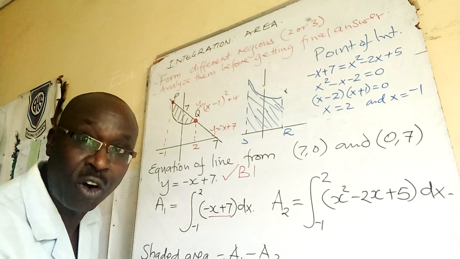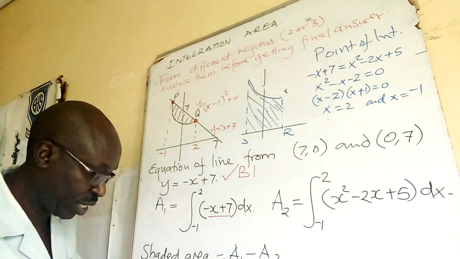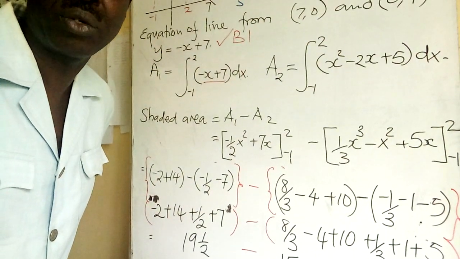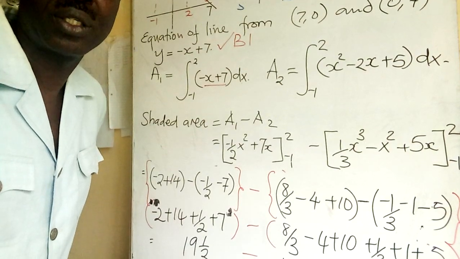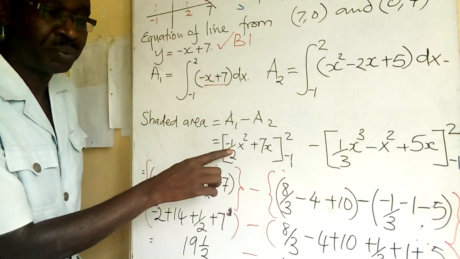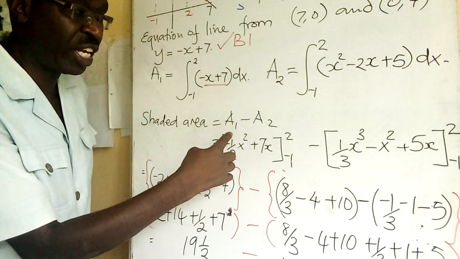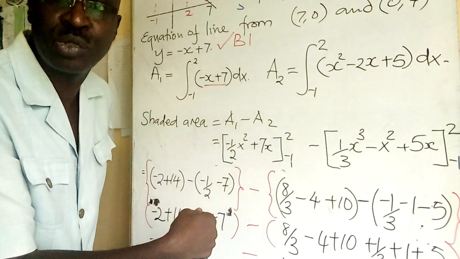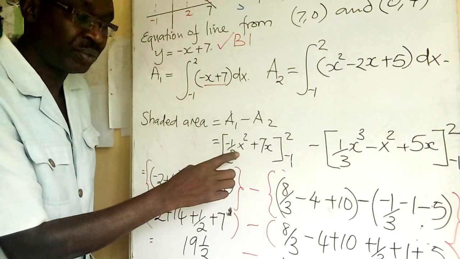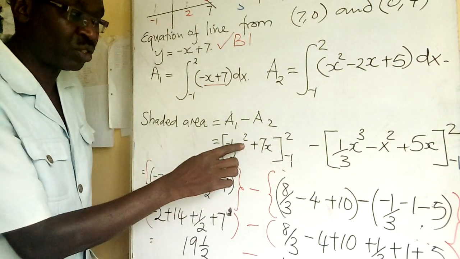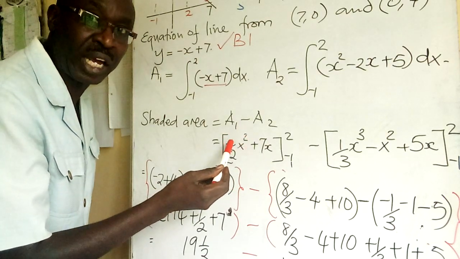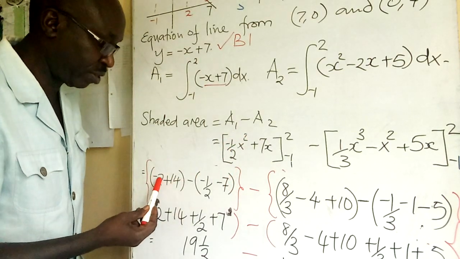2 squared is 4. 4 times negative a half, negative 2. I want us to focus. Sorry. I want us to focus. What did I say? Here. This is the integration. Now we are going to the process of substitution. 2 first. 4. Okay, so 4. 2 squared 4 times negative a half, negative 2.